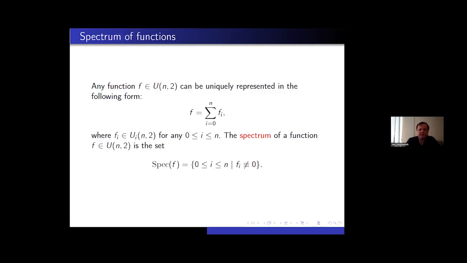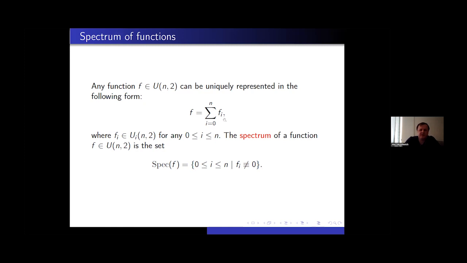And finally, we discuss the properties of the spectrum of optimal functions. Let me recall some definitions. Any function f from the space U^n_2 can be uniquely represented as the following sum.